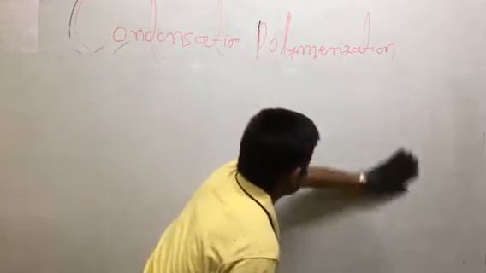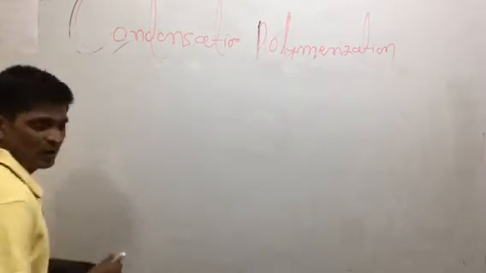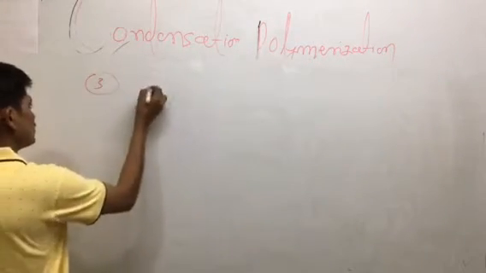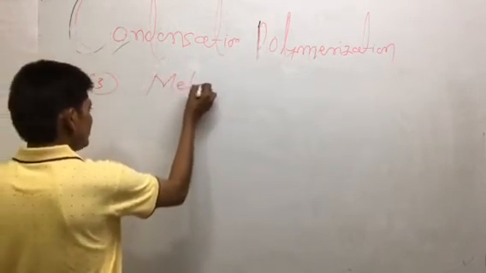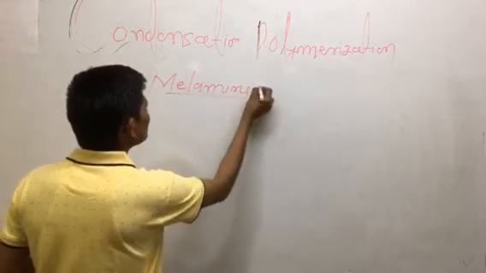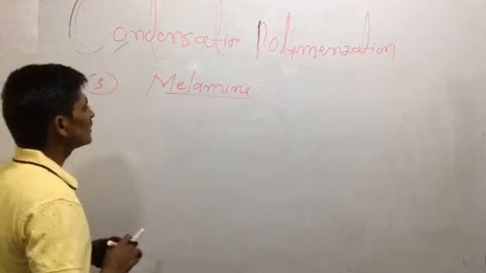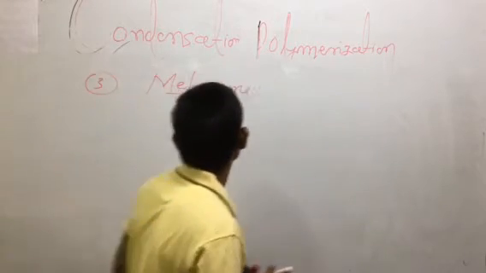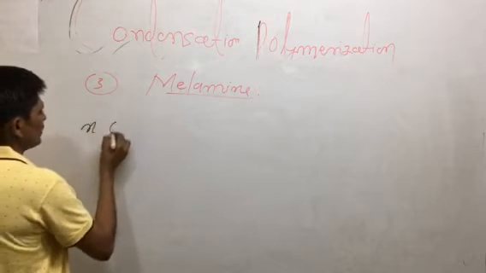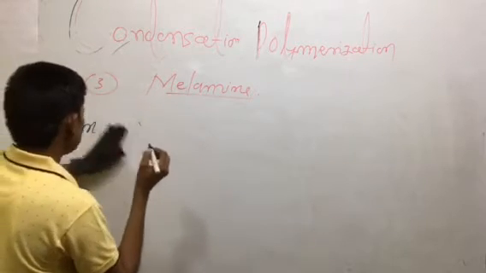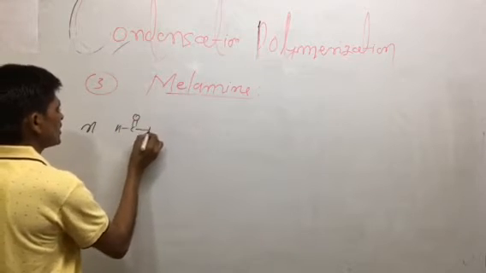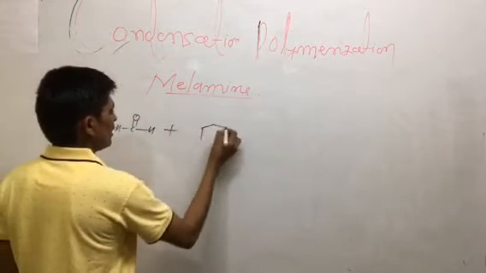Again another type of example. So this is the third example of condensation, melamine formaldehyde. So the starting reactant is CH2O, as we can say HC double bond O, H. So this is reacted with the melamine.